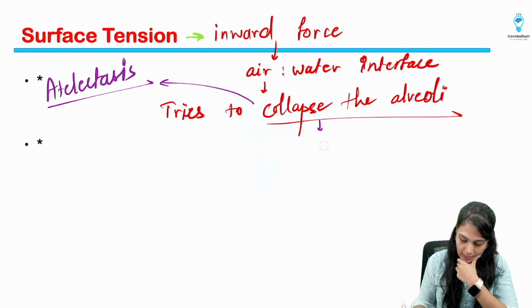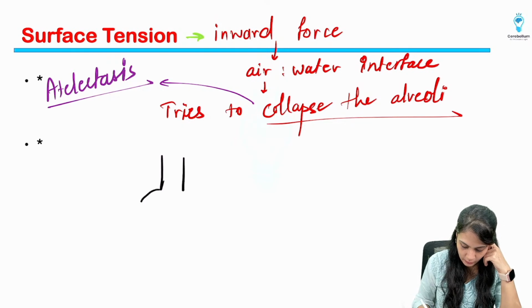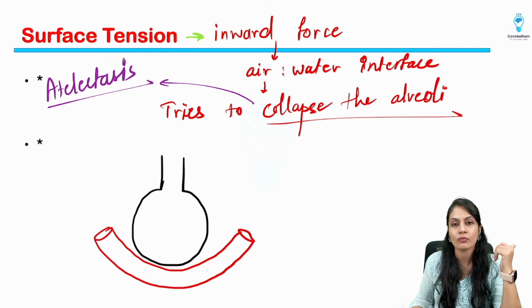Okay. Now understand, not only that, if I say there is an inward force present inside the alveoli, and suppose this is the alveoli, and I already told you that they are not going to be alone, but the blood vessels, the pulmonary vessels, will go surrounding each and every alveoli.